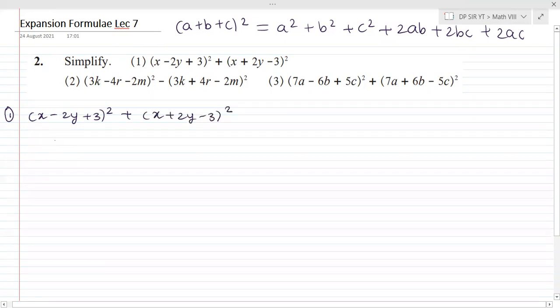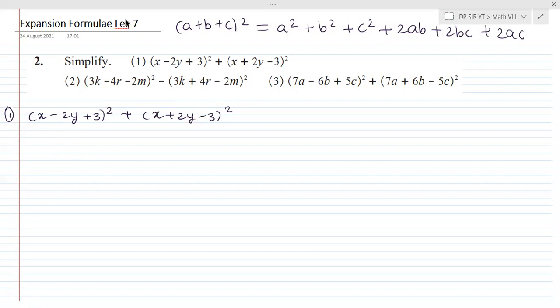Apply the formula and try to solve it. So just formulate this, try to expand.